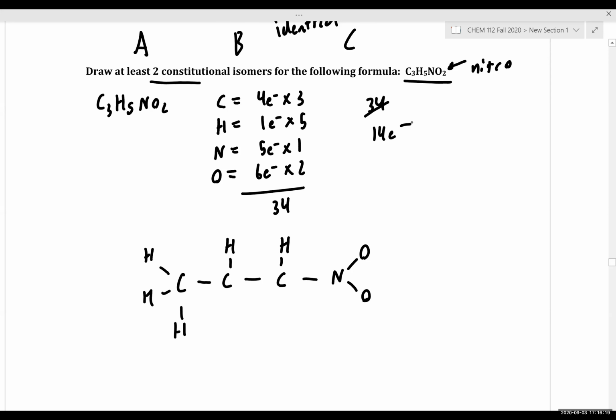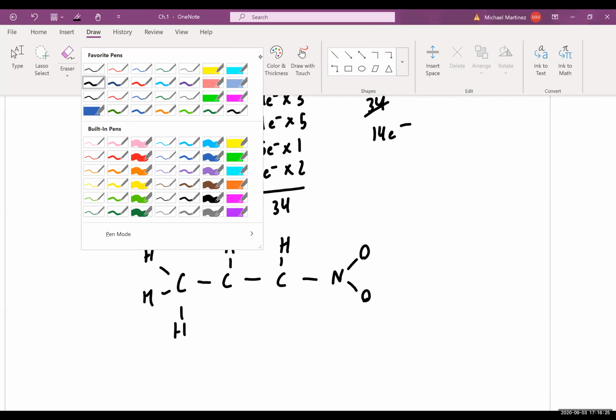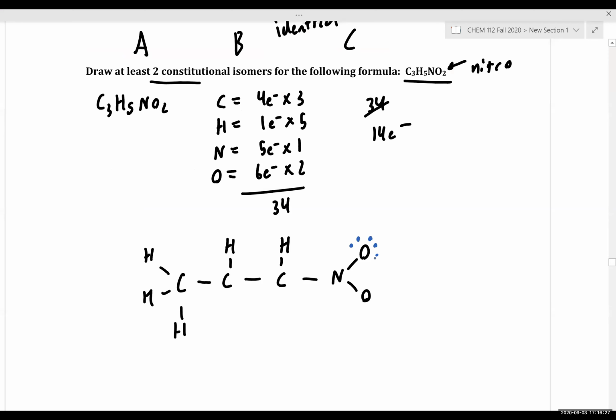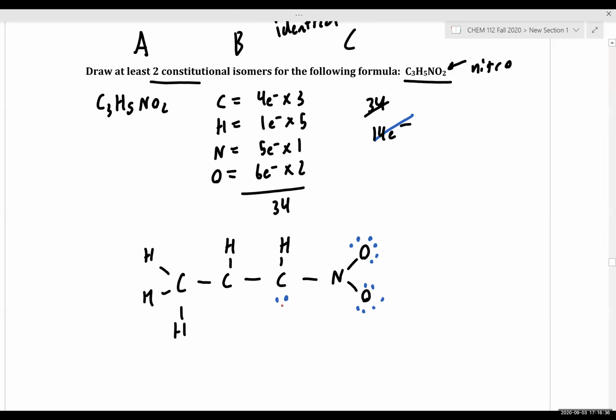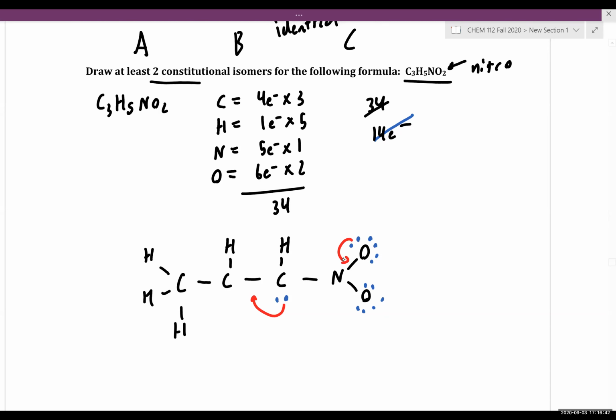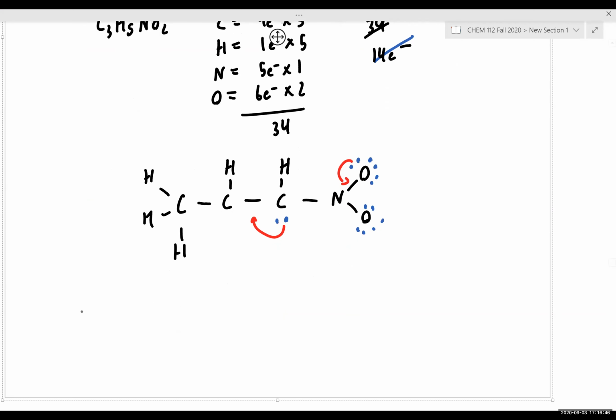So I have 14 electrons remaining. I'm then going to place lone pairs on my outer atoms. 2, 4, 6, 8, 10, 12, 14. We're out of electrons now. And then we're going to fulfill the octet rule by forming bonds from our lone pairs. So this gives us the following first structure.